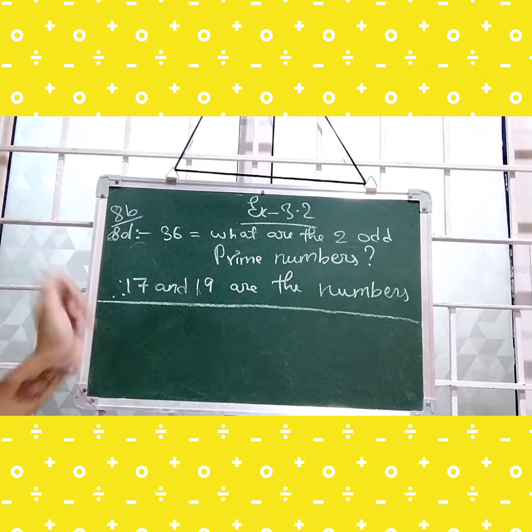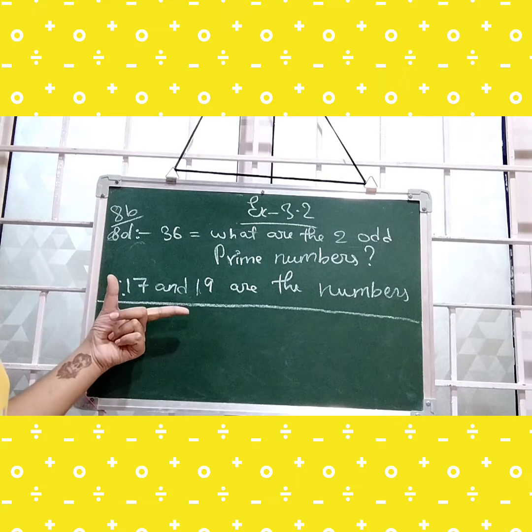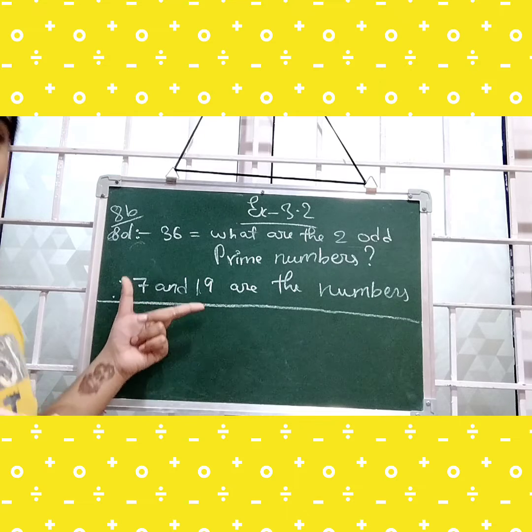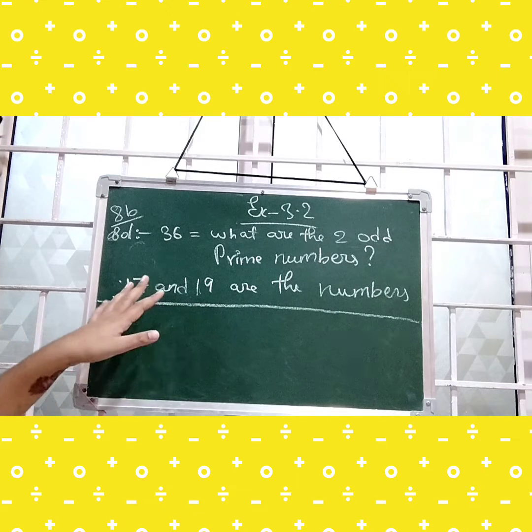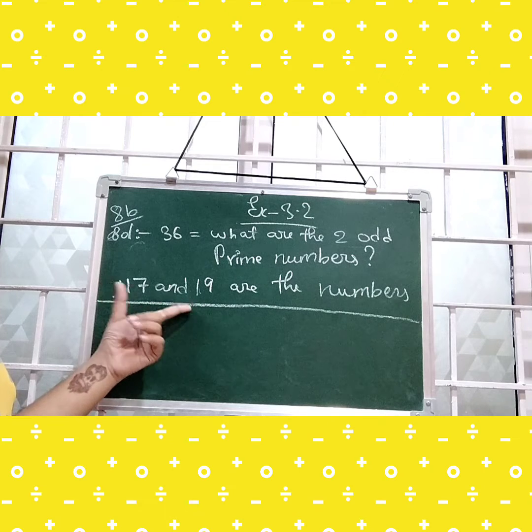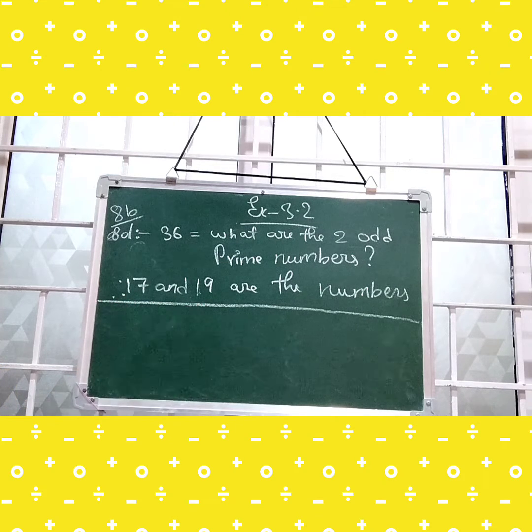If you take any two numbers for this, they should be odd and they must be prime. Okay. So next, the 9th bit.